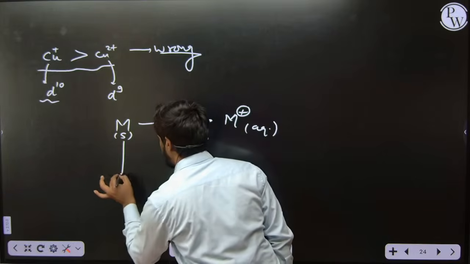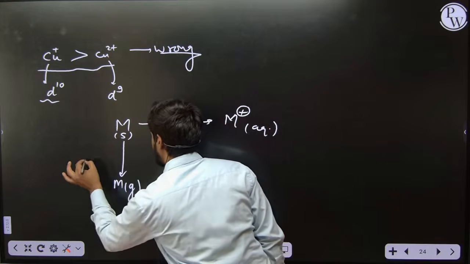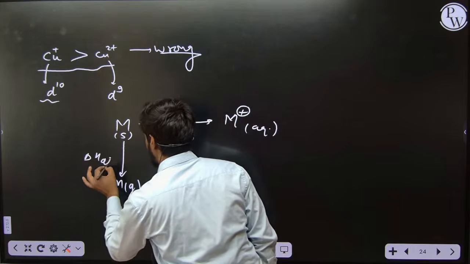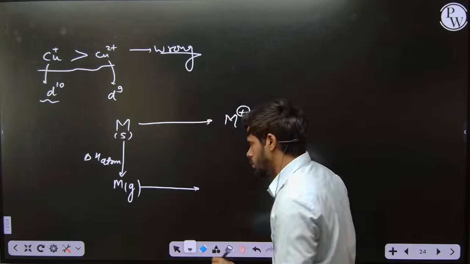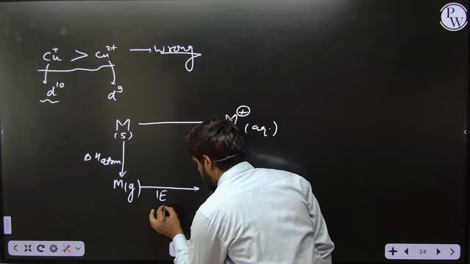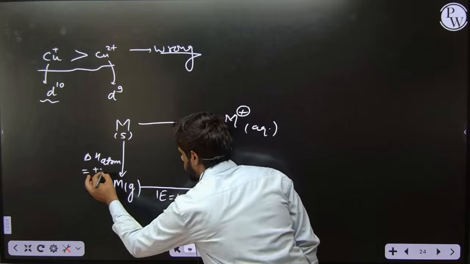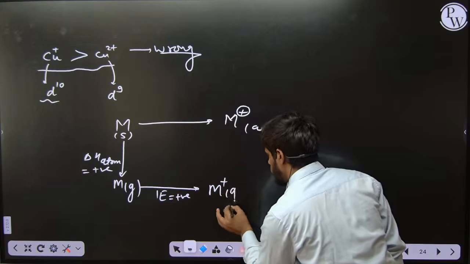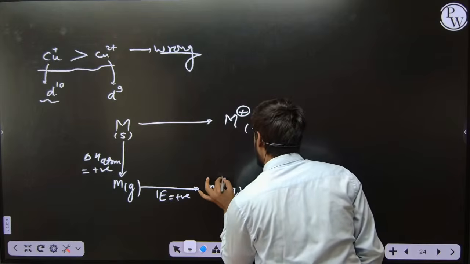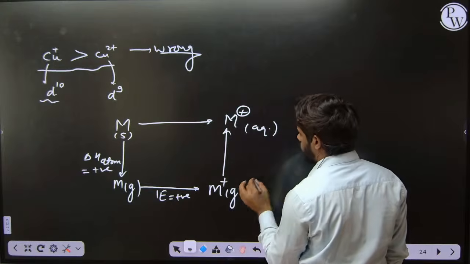First, the metal will be converted into gaseous metal, and that requires energy, that is delta H atomization. And these gaseous atoms require some ionization energy, that is also positive. Next, after removal of an electron, that is formation of a metal cation, and this will get into aqueous form.